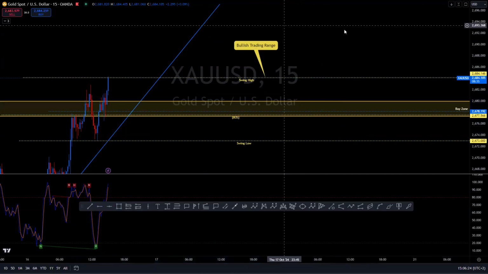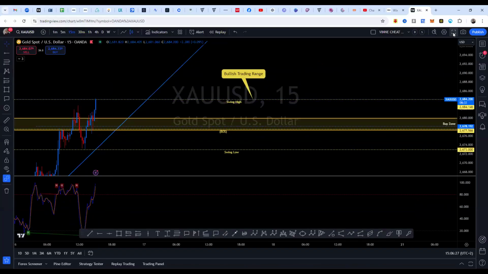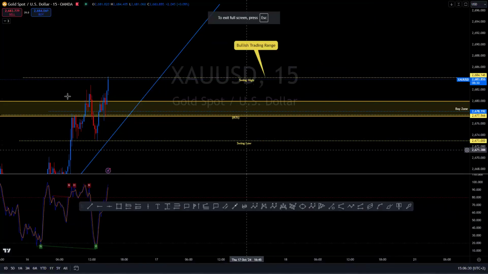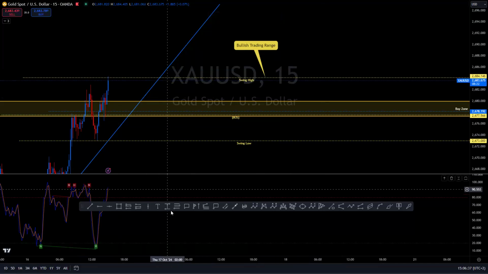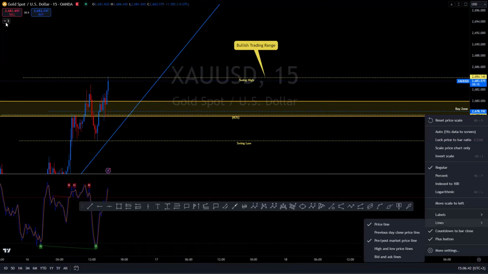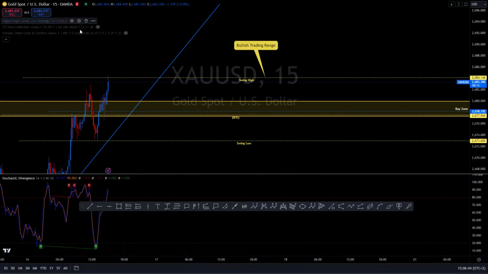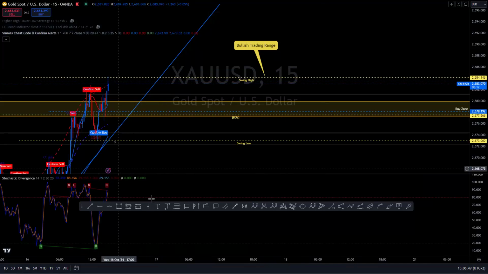Now we're going to turn on our cheat code indicator and see if our Bollinger Bands match with the structure. Then we're going to look at the current market structure once again and figure out where we're at. We see that the Bollinger Band is sticking out to here.